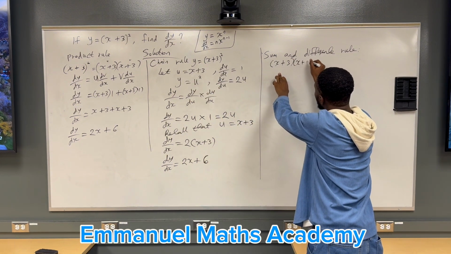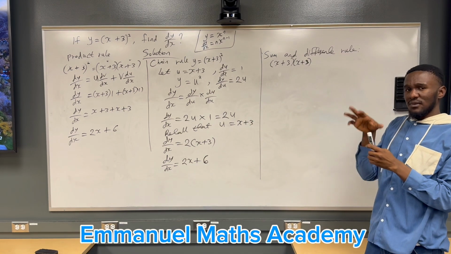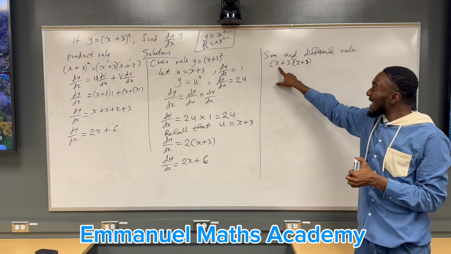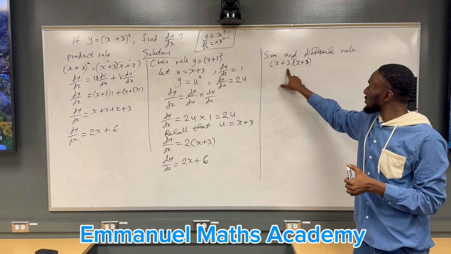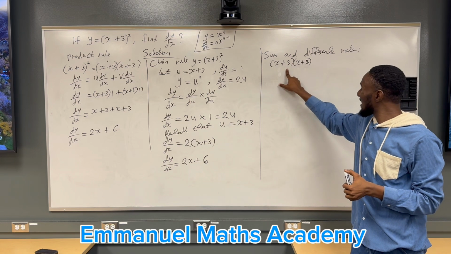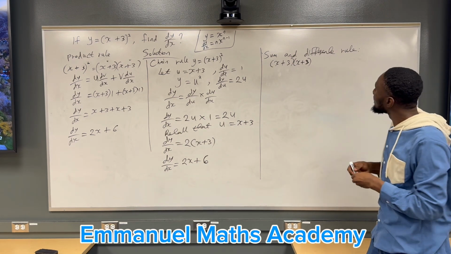First of all, how do you expand? First to second. You use x to multiply x, use x to multiply 3. You use 3 to multiply x, use 3 to multiply 3. Is that clear? Now look at this.